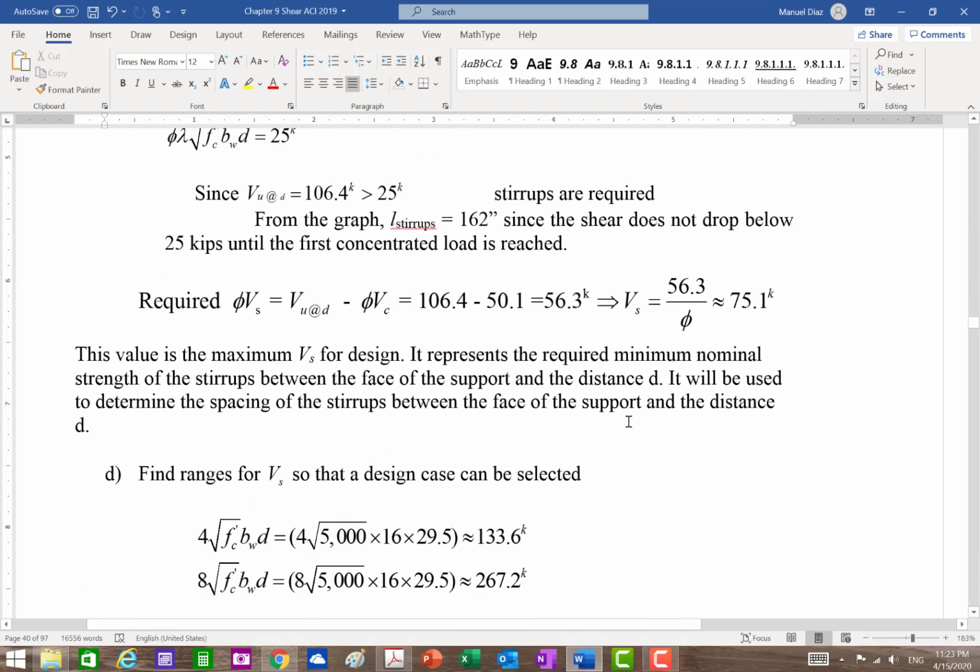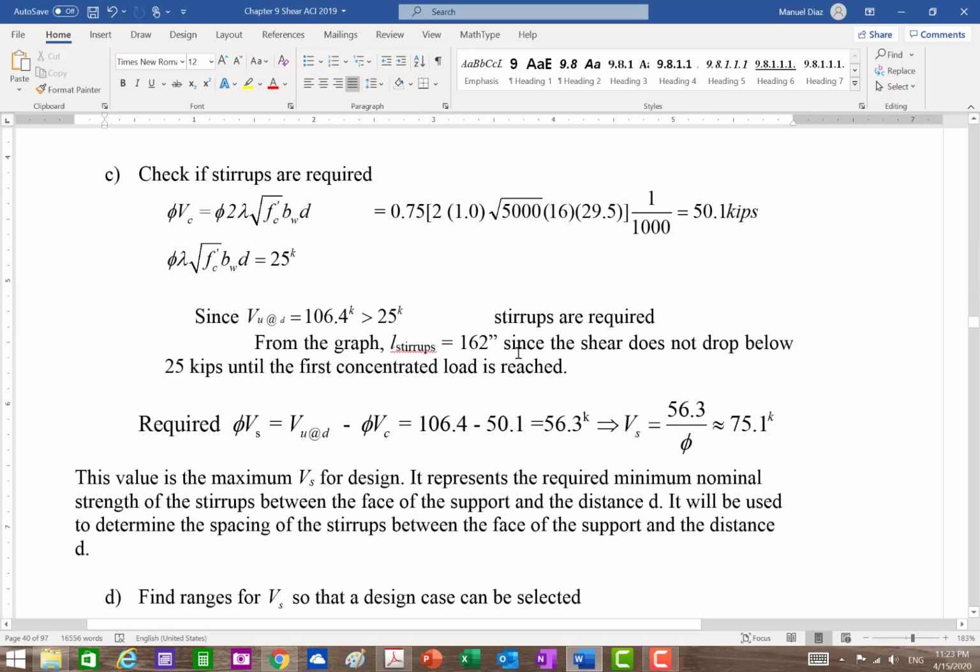So that's my length of stirrups measured from the face of the bearing. From the face of the bearing, I need to have 162, because everything is measured from the face of your support.